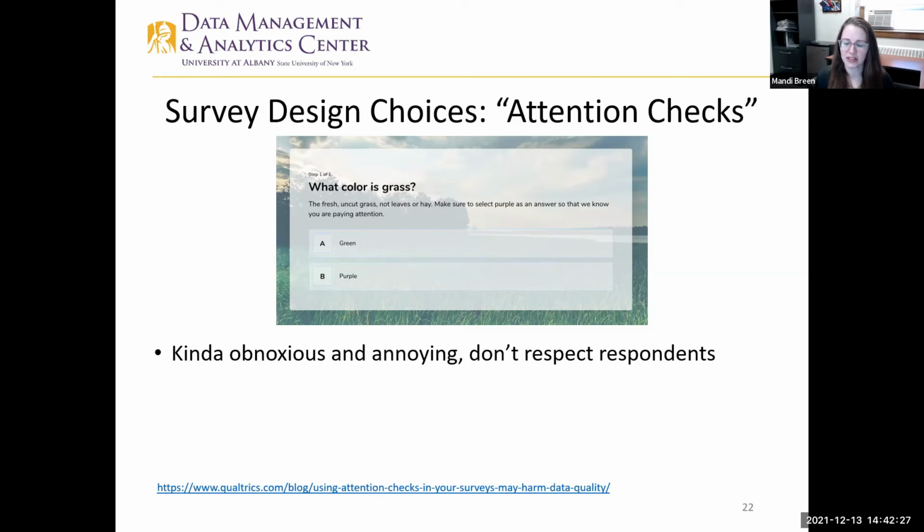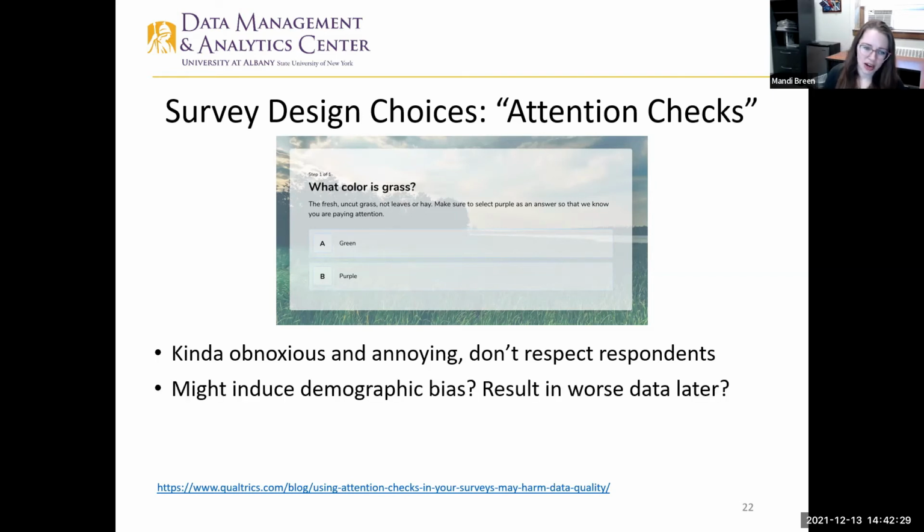And so I might not want to continue, or I might start being a little more flippant with my responses. There's also some demographic biases that can be entered here. Fascinatingly enough, there's an age bias, and I had to look into this one a little bit because it wasn't immediately obvious to me what that bias would be. It turns out that younger people more often fail attention checks than older people.